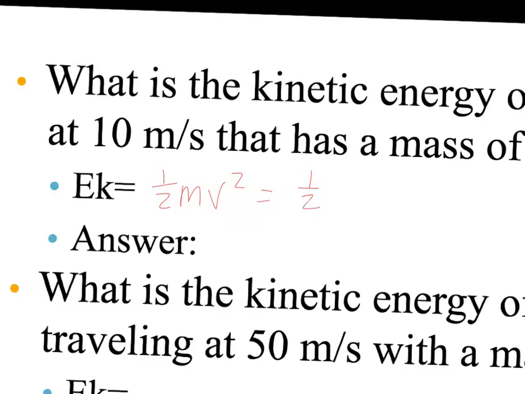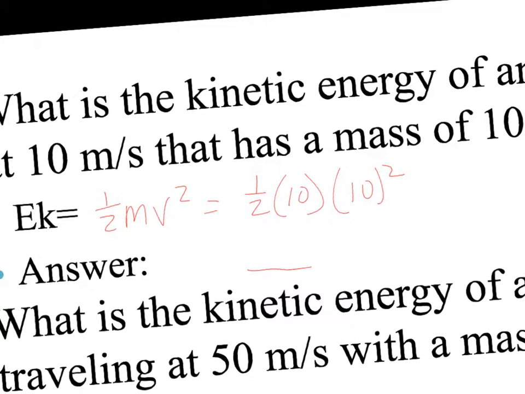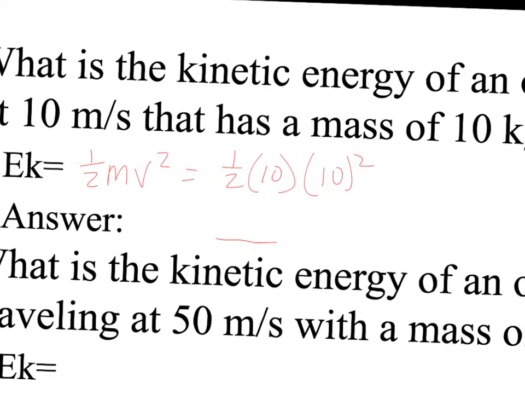I'm going to take half of 10 and multiply that by 10 squared. If I did the order of operations or simply plugged it into the calculator, I'd have 10 squared, that's the first thing you do, is 100. 10 times half is 5, so I'd have 100 times 5. 500 joules. Could put it up there too, I suppose.